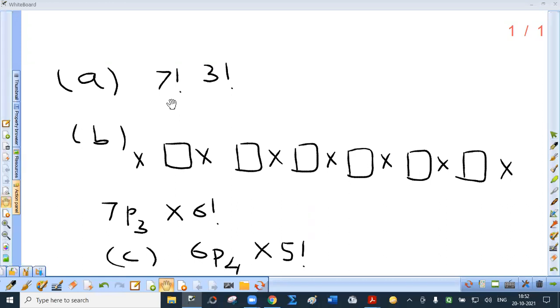Also, 3 vowels can be arranged in 3P3 equal to 3 factorial equal to 6 ways.